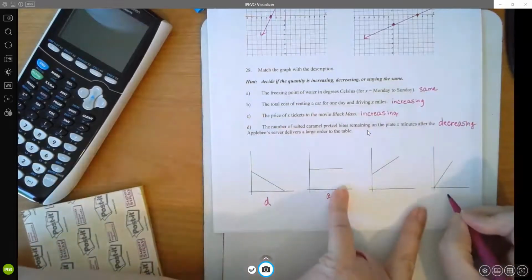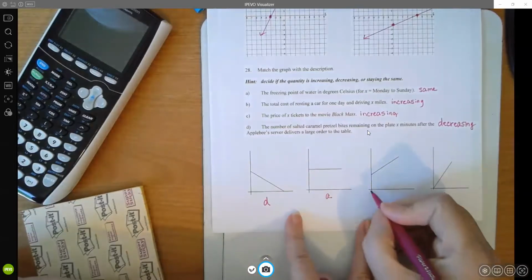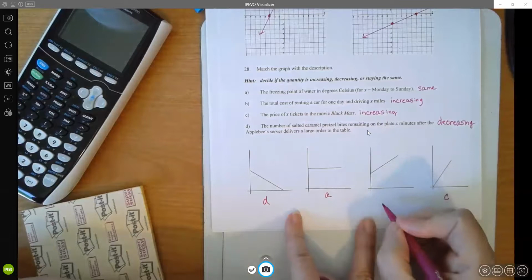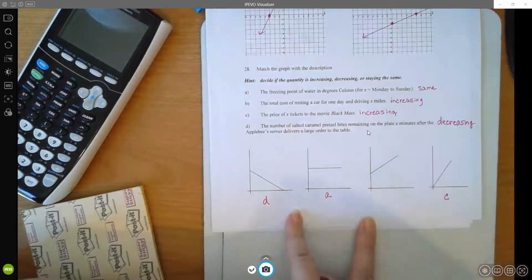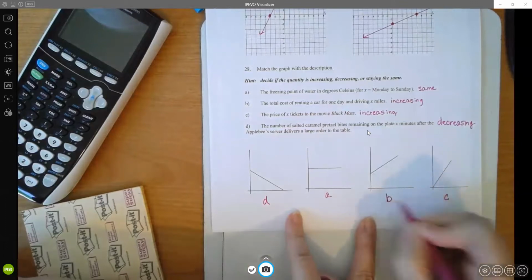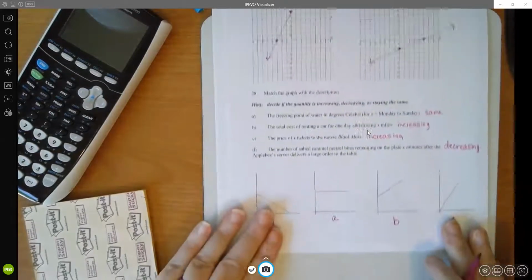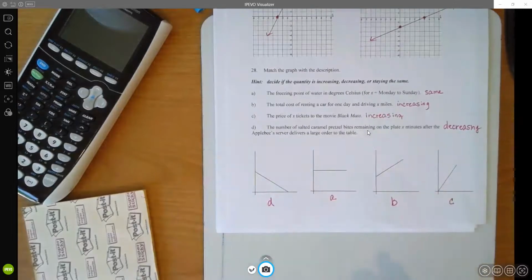So this one is C, because 0 tickets would cost $0 and go through the point 0, 0. But driving 0 miles, I still have to pay a rental charge. And so that would be the B. And I have deciphered the words, matching the graphs with the descriptions.